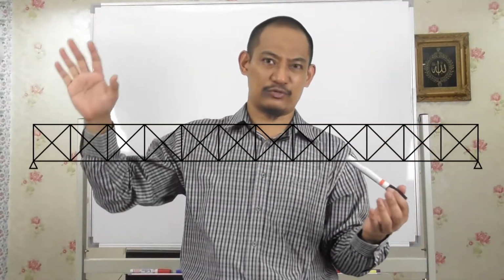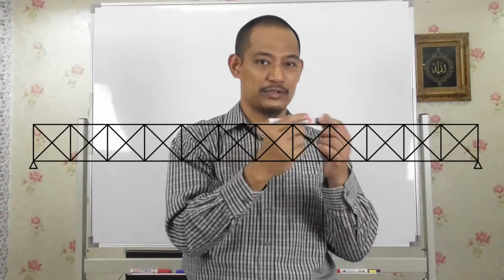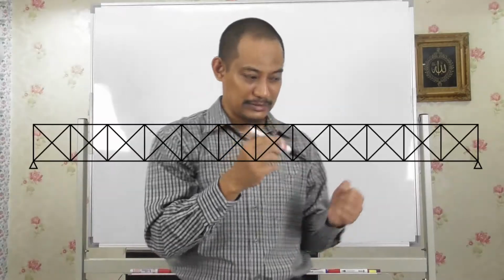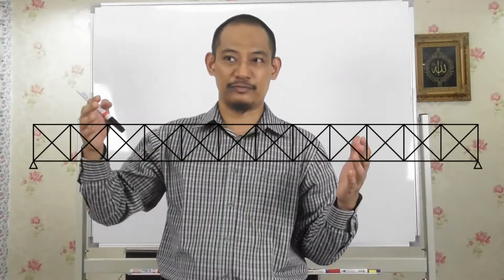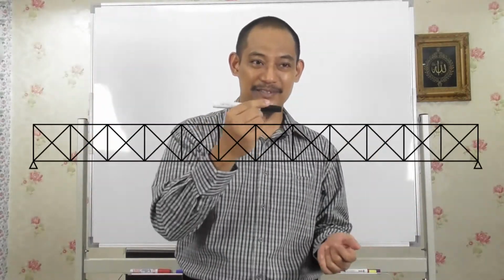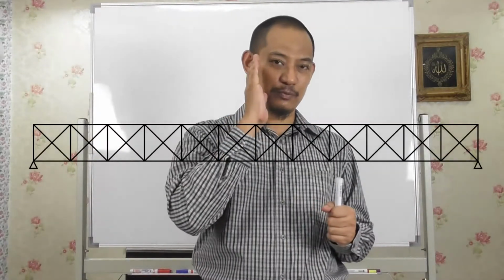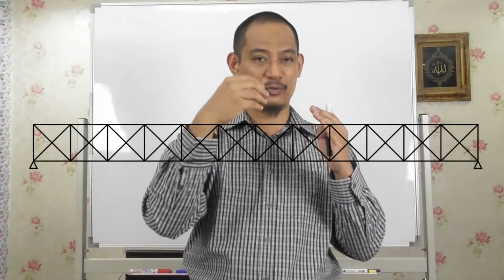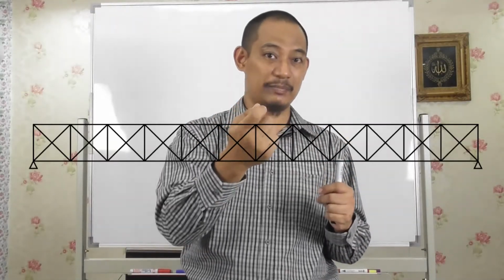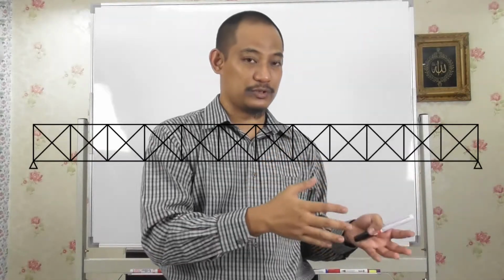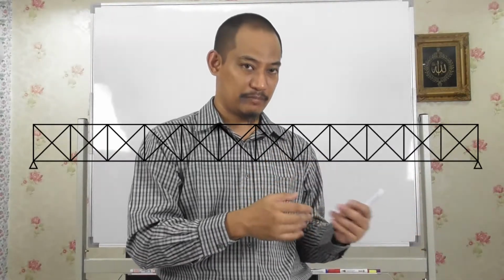So basically you have to solve a lot of members before you reach the member in the middle. It requires a lot of calculation before you get to the value that you want. But with the method of sections, you can straightaway cut where you want and then straightaway compute the force in that member, right? So that is where it is very helpful to also know this method of sections.